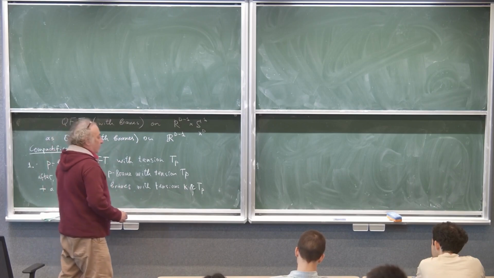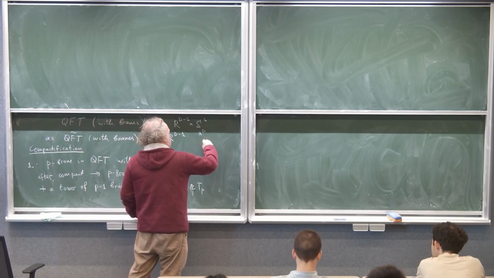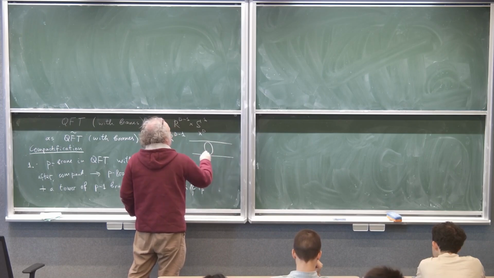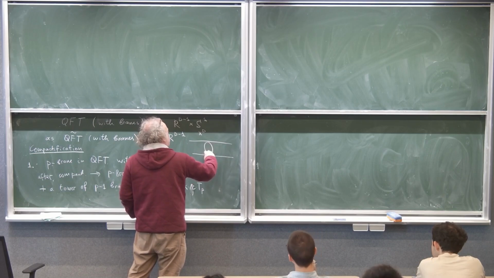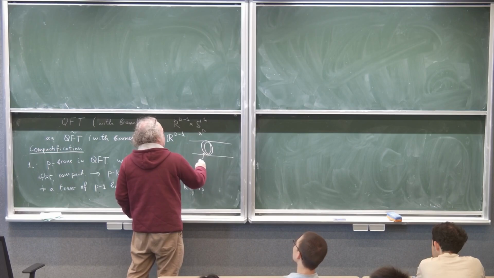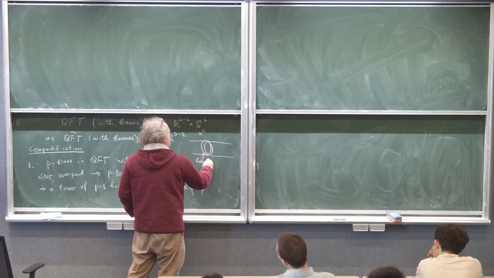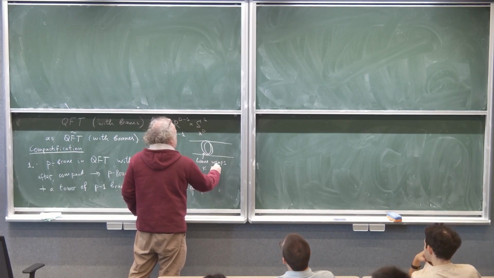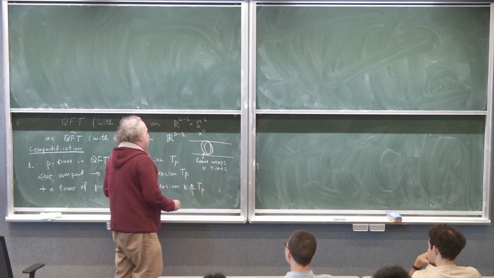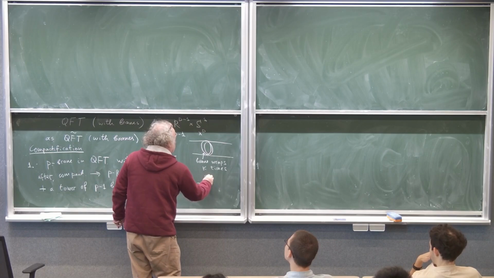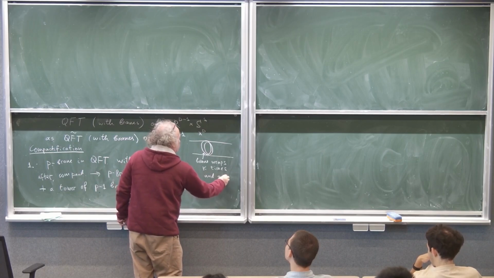How does this tower appear? The brane wraps k times and gives a (p-1)-brane.